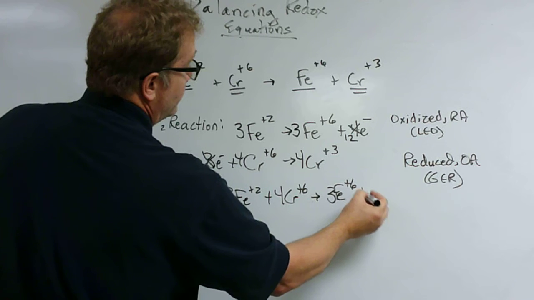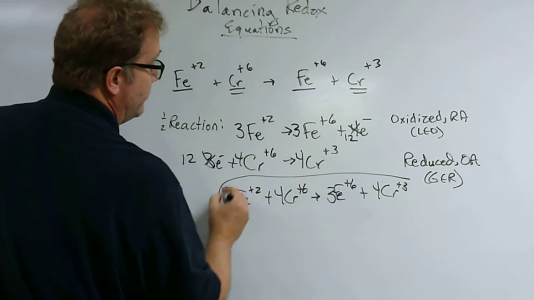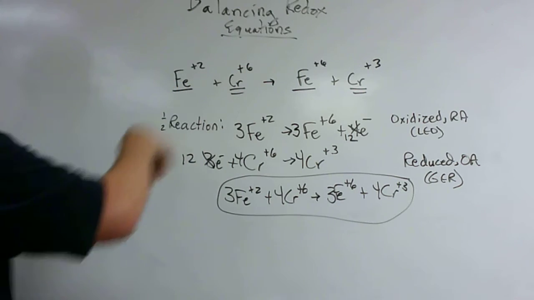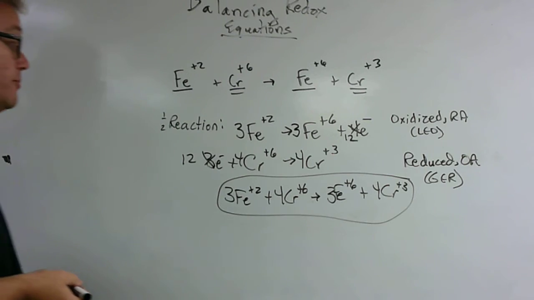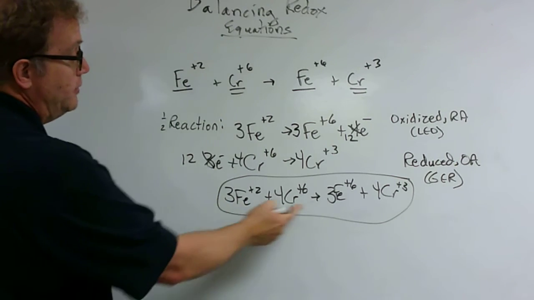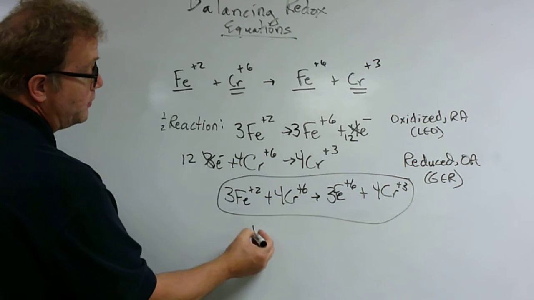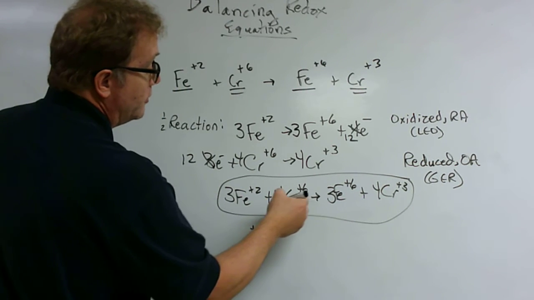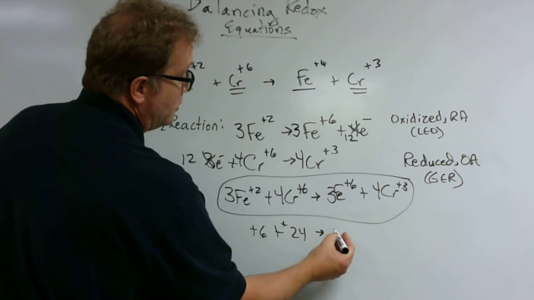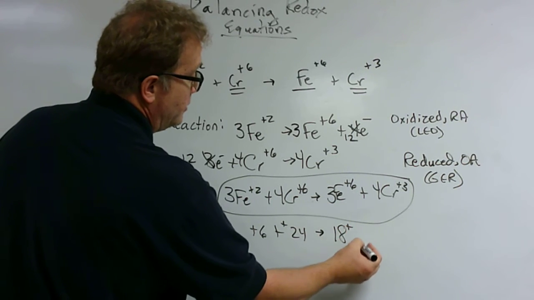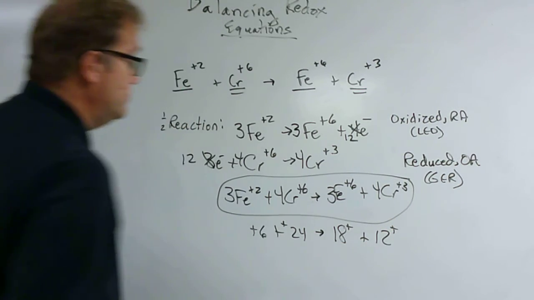So you're going to notice, it would have been a real mess trying to figure out how to balance this thing just by popping numbers in the front. But on this one here, it's actually all balanced. 3 Fes, 3 Fes, 4 Crs, 4 Crs. I've got 6 positive charges here plus 24 positive charges here. And that's going to equal 18 positives here plus 12 positives here.